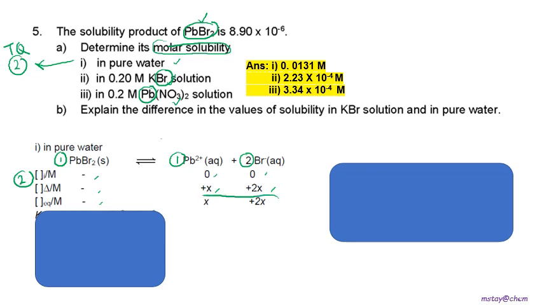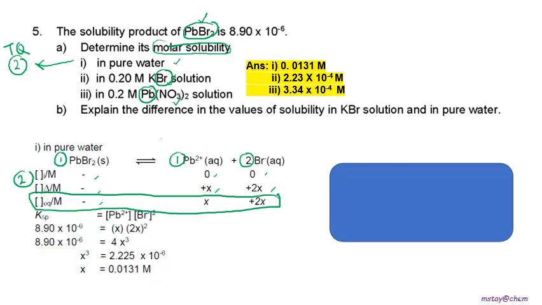To simplify, basically you can just write the row of the equilibrium. Then next we are going to write down the Ksp expression. The Ksp expression will refer to the chemical equation. Ksp equals the concentration of Pb2+ times the concentration of Br- raised to the power of 2.